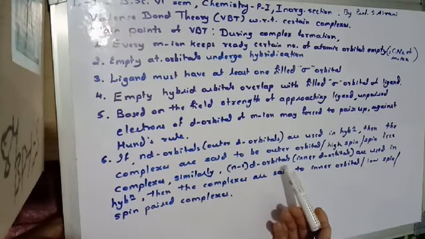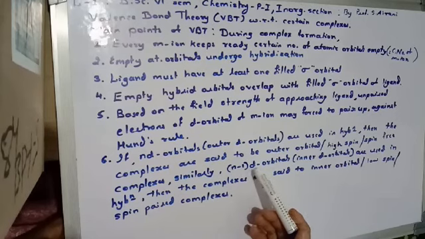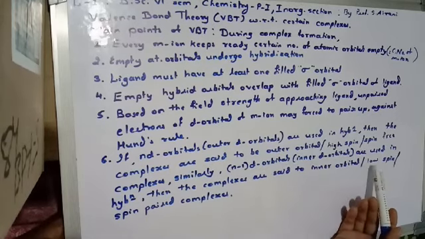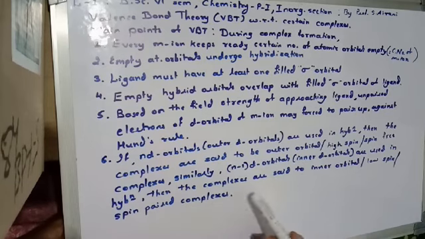Similarly, if (n-1)d orbitals are used in hybridization, they are said to be inner orbital complexes, low spin complexes or spin paired complexes.